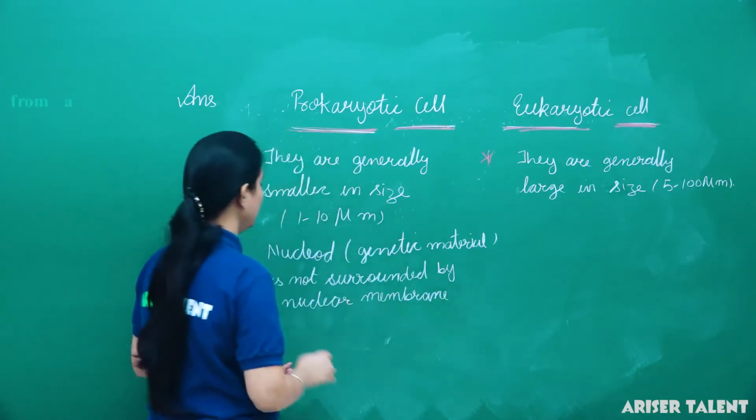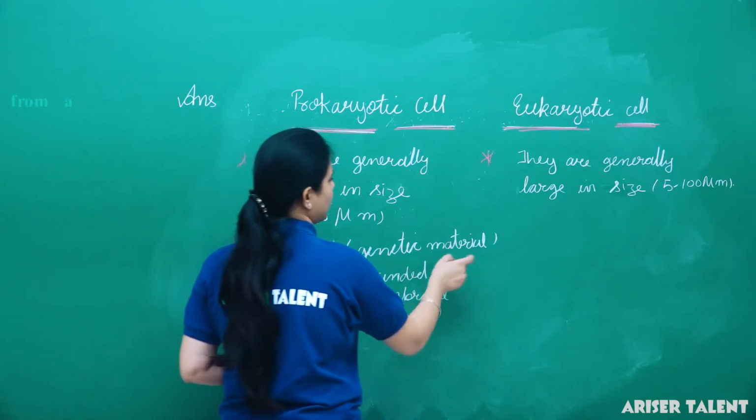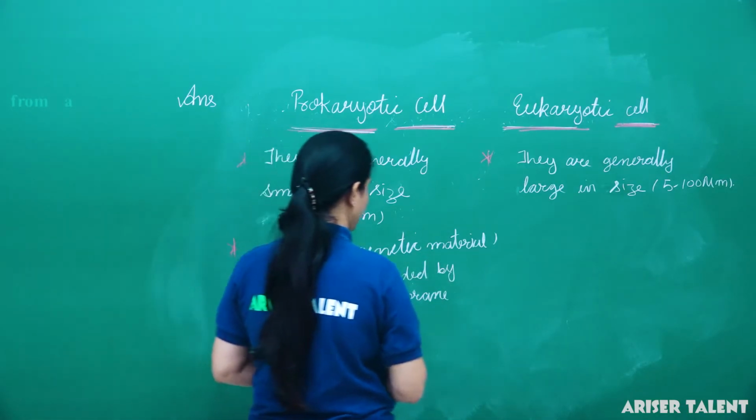In the prokaryotic cell, nucleoid, known as genetic material, is not surrounded by nuclear membrane.